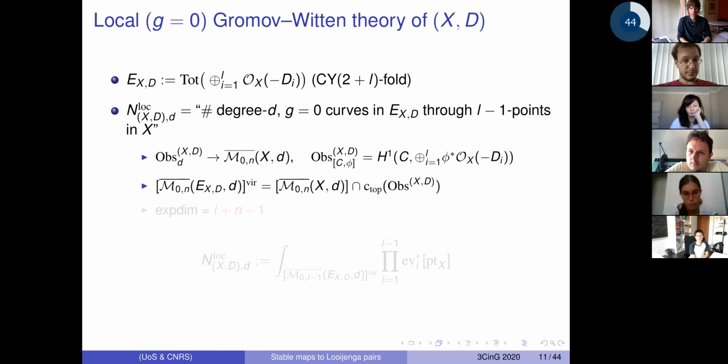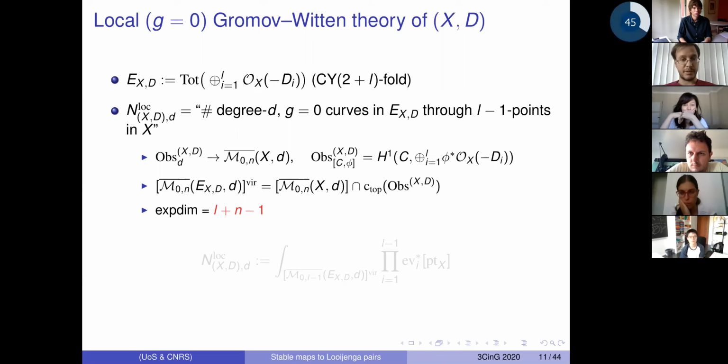And the virtual fundamental class for the moduli space of maps to the total space is just given by capping the usual virtual fundamental class on the moduli space of maps to X with the top Chern class of this obstruction bundle.